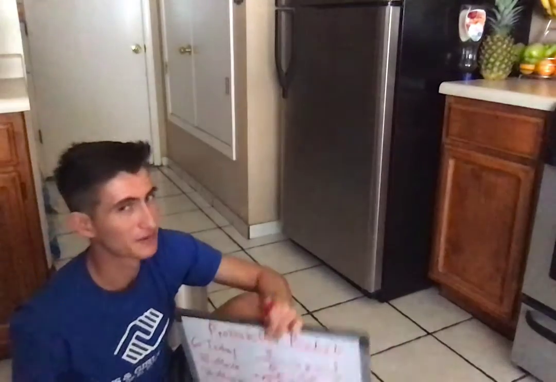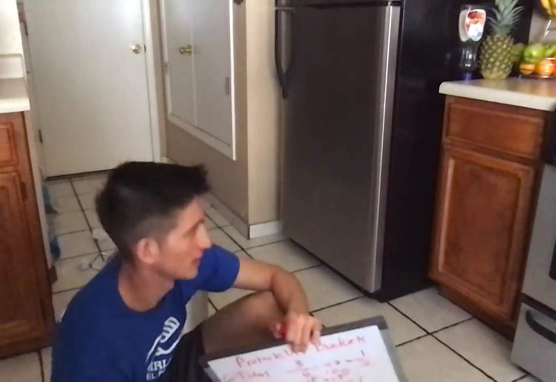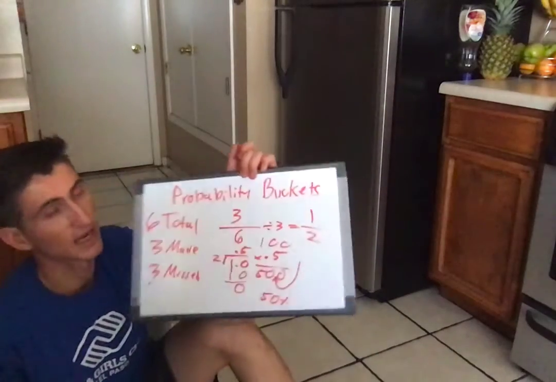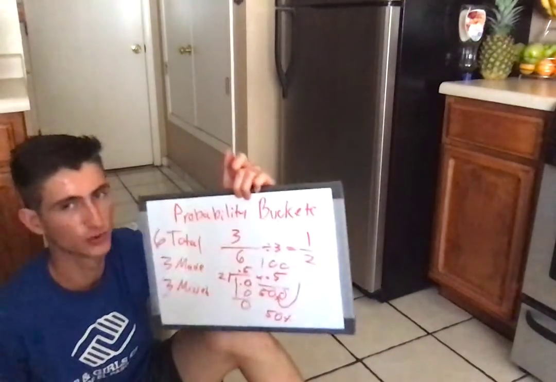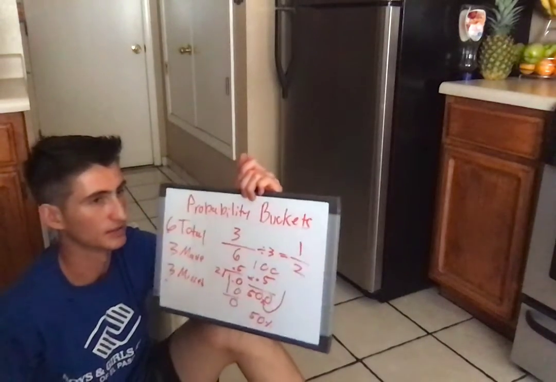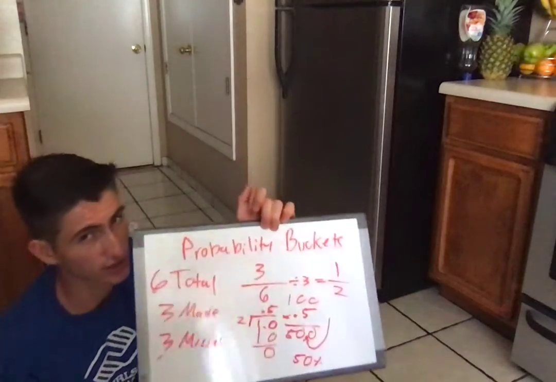But I mean, it's not as great for the NBA because NBA percentages are way higher. If you're a 3-point shooter or whatever shot you want, they have to be higher than that. But yeah, so basically, this is how you can implement probability into just shooting buckets, and how you can implement math in everyday ways. And now you know how you can calculate your shot percentage.